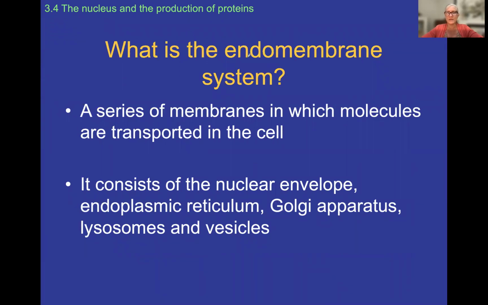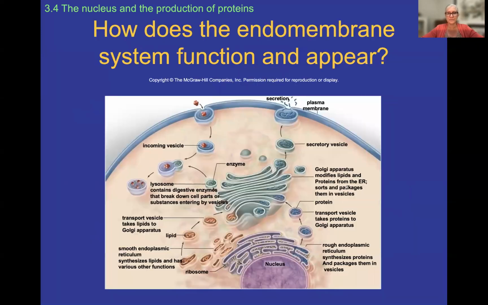The relationship of this thing called an endomembrane system and the proteins is that this is really the inside of the factory. These are going to be the conveyor belts and the collection sites for the proteins that are made. All right, so it's going to be a combination of these structures that make an endo, within, the cell membrane system.